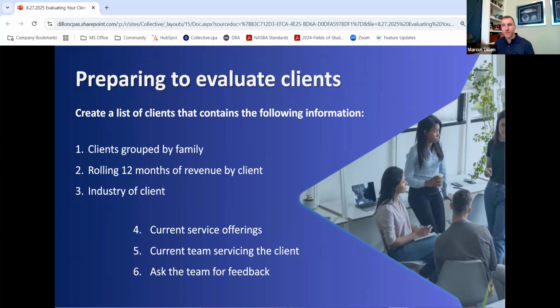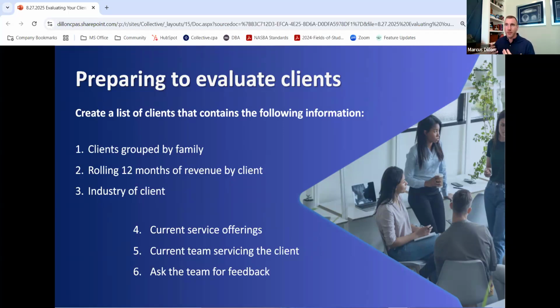But then that next fourth one is the current service offerings. And so as DBA continued to shift from a brick and mortar, very legacy, traditional tax only firm, we would identify, hey, these are tax only once a year clients. So that was a column for us versus CAS or monthly accounting, payroll, whatever other services that we were looking to grow.